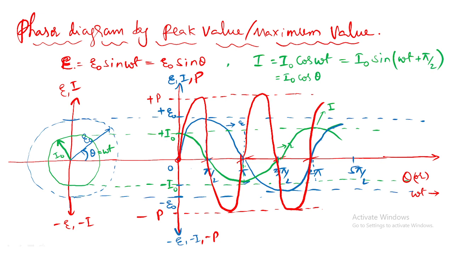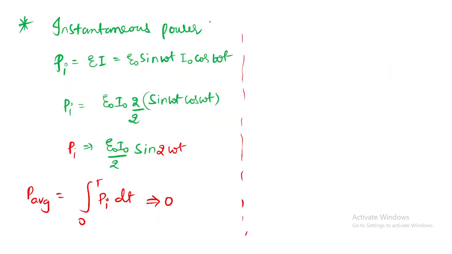Like this. Power will be like this. Earlier, power came from down, right? So average power is completely 0. This one is the same as the earlier.